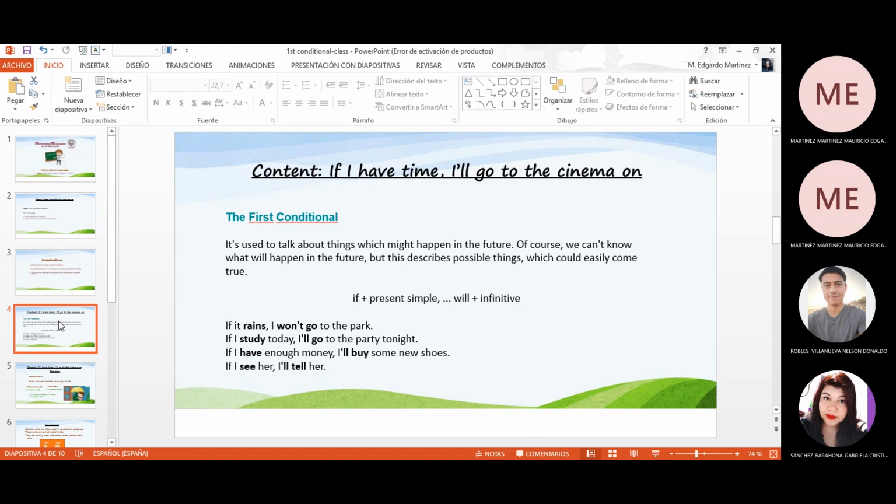As you can see in the examples: if it rains, I won't go to the park. If I study today, I will go to the party tonight. If I have enough money, I will buy some new shoes. If I see her, I will take her.